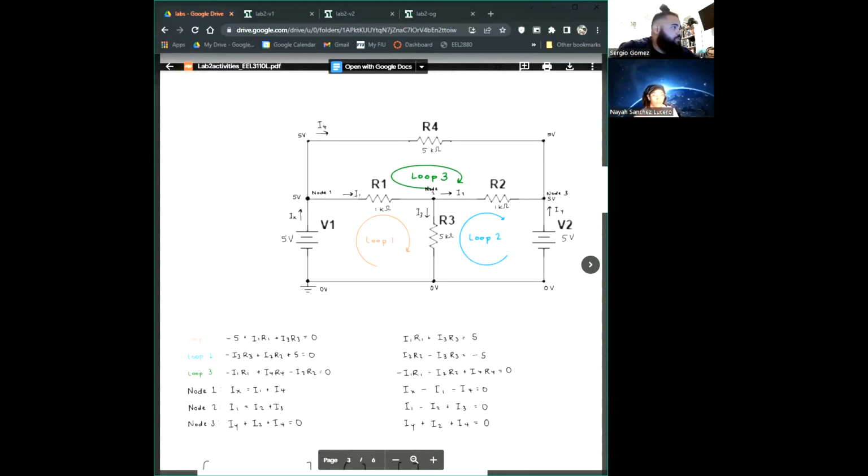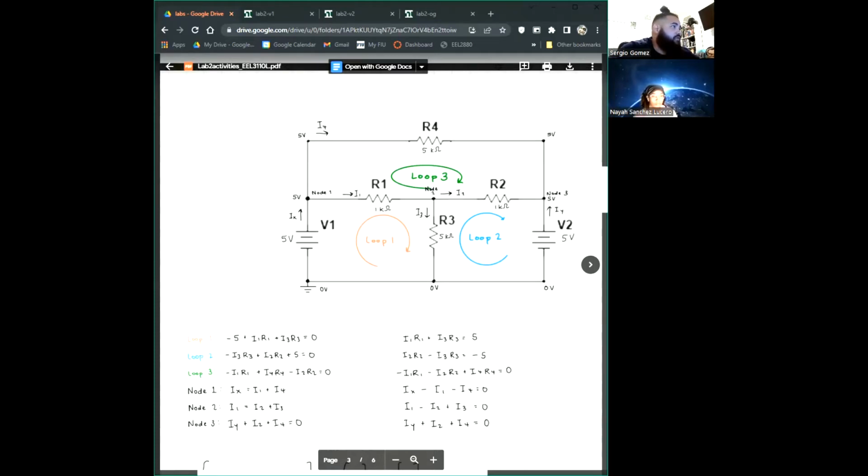Now, as for our loops, I'll go over each of these equations. Loop 1, starting over here at the voltage, we have -5 plus I1 R1 plus I3 R3, and that's all equal to 0. Loop 2, we go minus I3 R3, so that's right here for the resistor, plus I2 R2 plus 5.